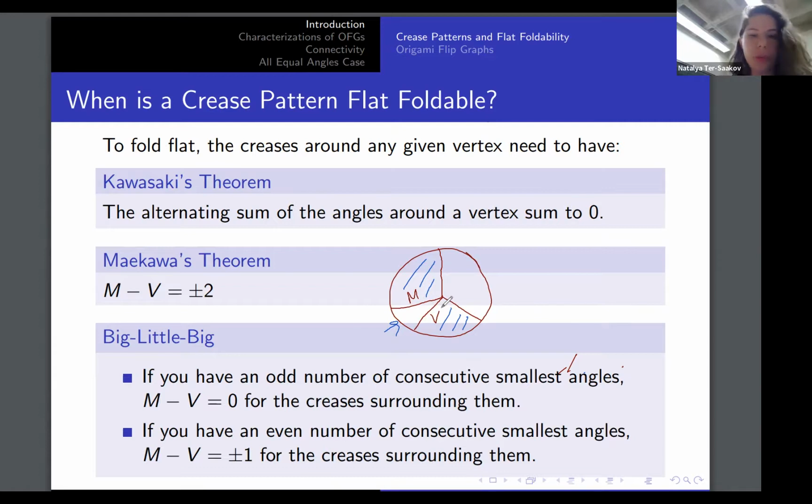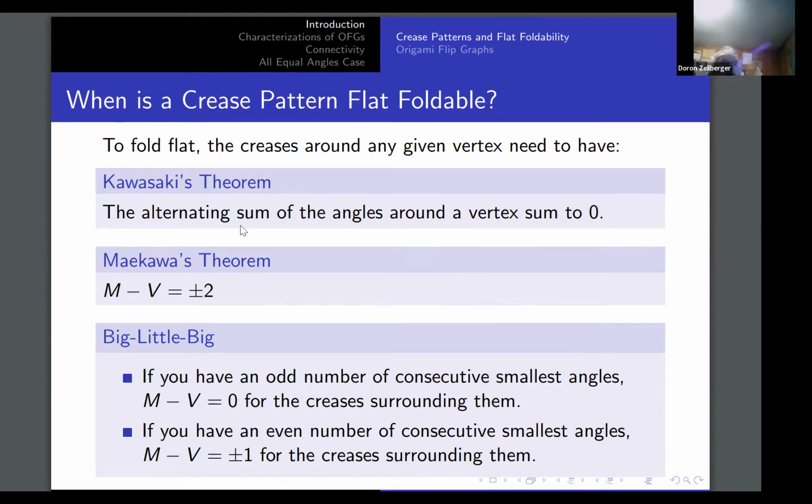So these are rules that we know about mountain valley assignments. Any questions on either of these? Great. And how old are the theorems? Are they classical? Yes, these are fairly classical, fairly foundational. Kawasaki's has been around for a while and has been proven independently a couple times.